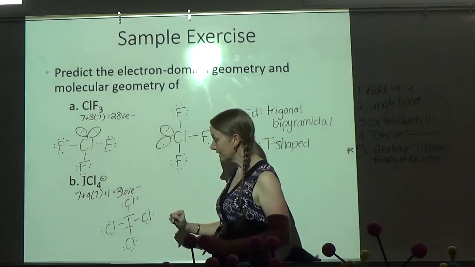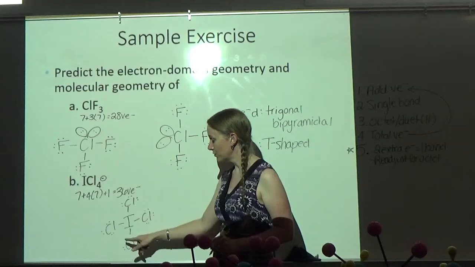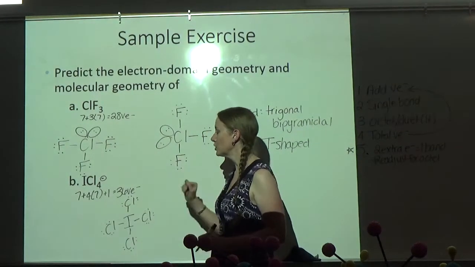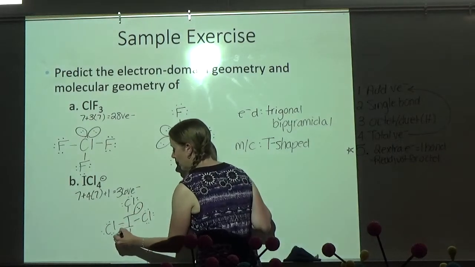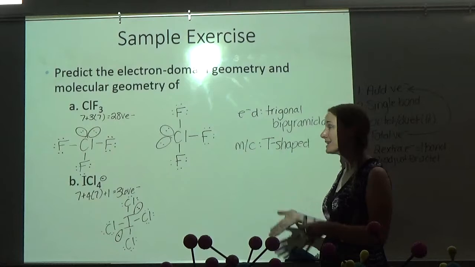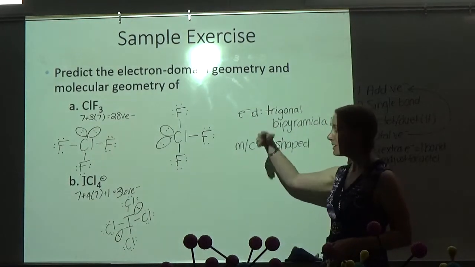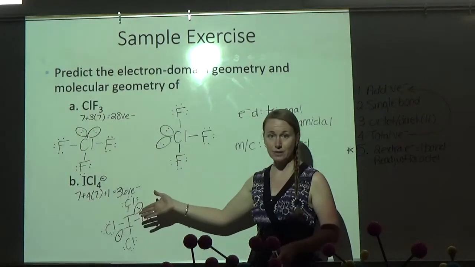I have to have 36. I have 2, 4, 6, 8, 10, 12, 14, 16, 18, 20, 22, 24, 26, 28, 30, 32. So I have no choice but to give iodine those extra electrons. Now of course I need brackets on this because it has a charge, but I'm going to put those on there when I fix it and make it 3D because it clearly isn't going to look like this.